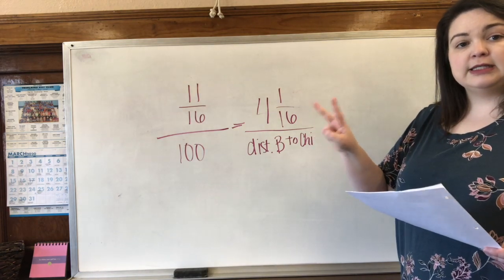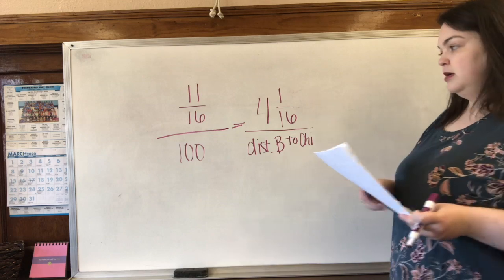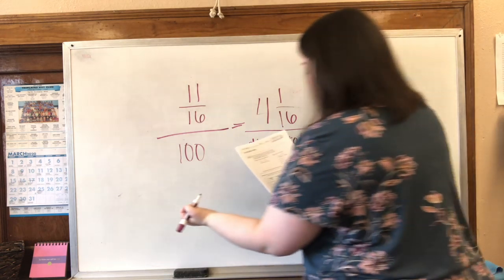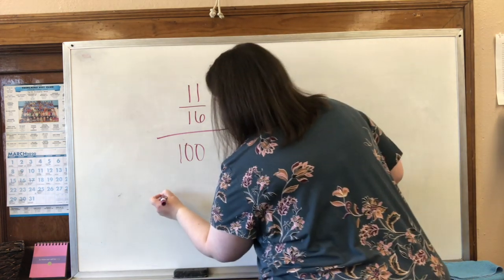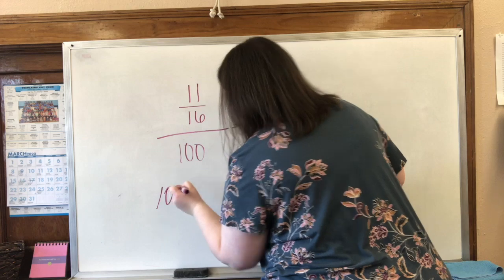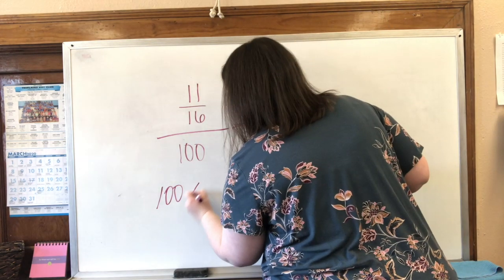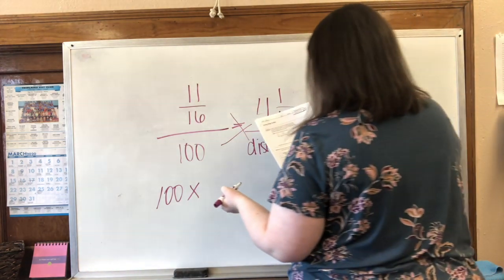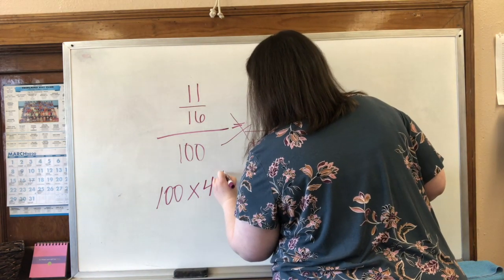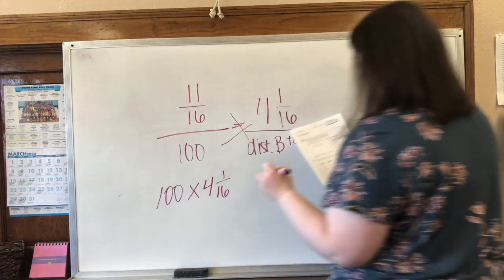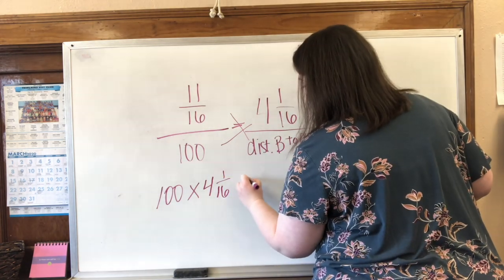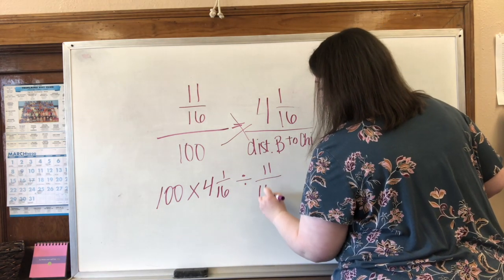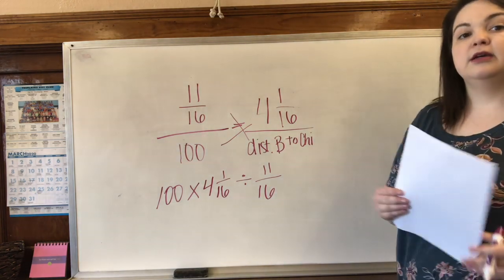Step 2 is to solve your proportion. You're going to cross multiply. So step 2 is going to be 100 times 4 1/16 divided by 11/16. That's the first part.